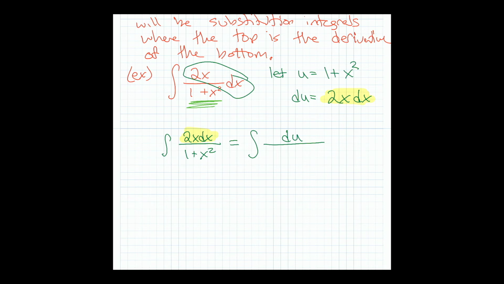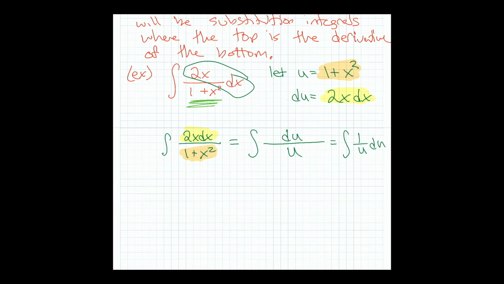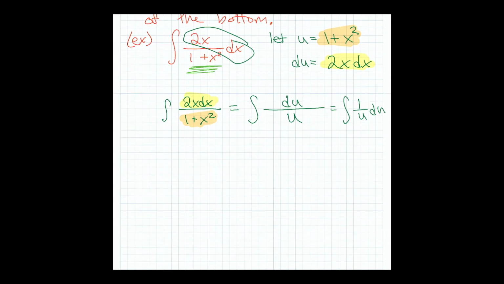Then in the denominator you have 1 plus x squared, and that is just u. So this turns into the integral of du over u, which is the same as the integral of 1 over u du, and we know what that integral is.